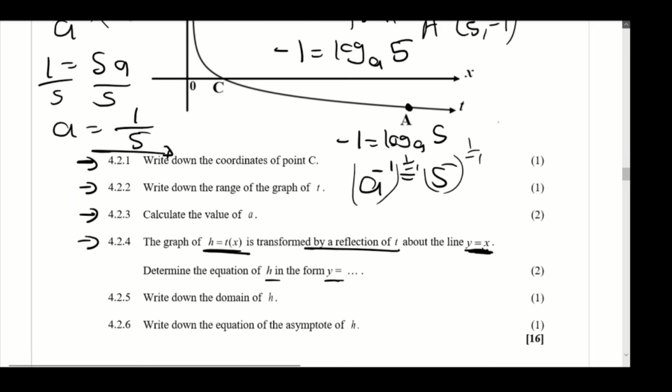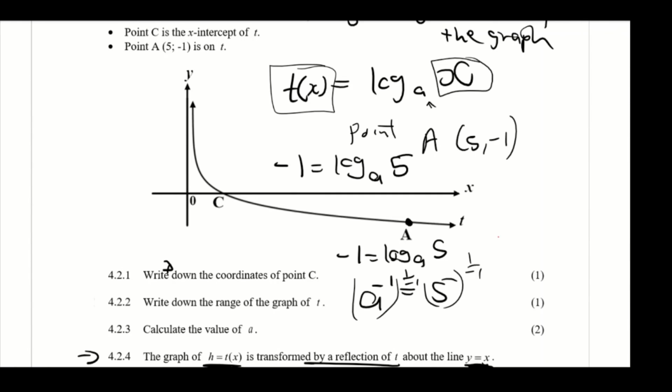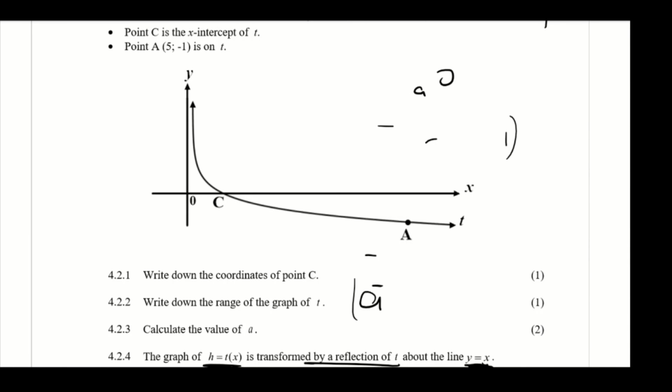We go back to our graph. Let me erase everything here. So the given graph looks like this, right? And we are told that we want to find the equation of h, which is equal to T of x, but it's the reflection of this about the line y is equal to x.